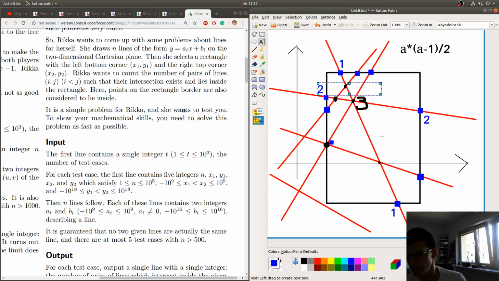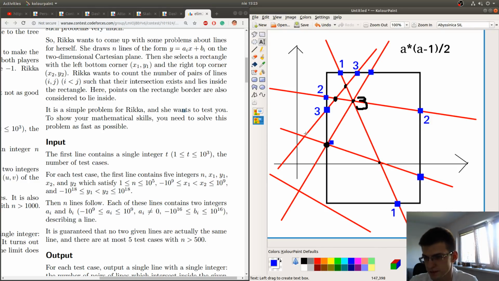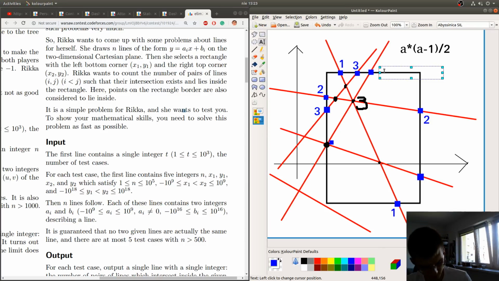Here we have 3, and now it would be 4 and 5, but here we have the same place. But well, let's deal with that later.